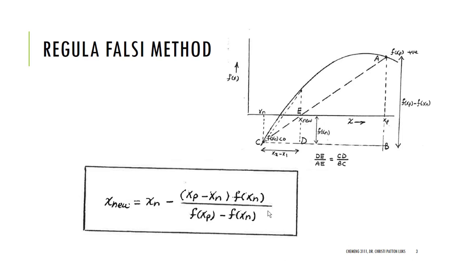X sub n is the x value that gave a negative value to the function, so it came below the axis. X sub p is the value of x that gave a positive function, or it was above the axis. And so x sub n minus x sub p minus x sub n times f of x sub n over f of x sub p minus f of x sub n.